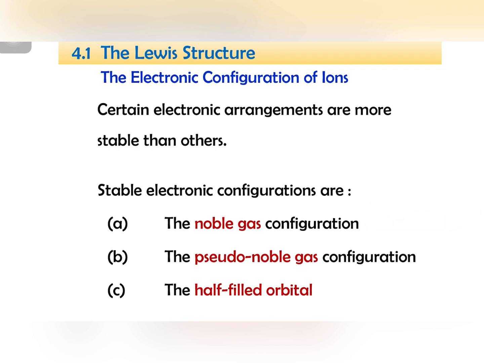Okay, dia mesti exactly the same dengan noble gas. So kalau pseudo noble gas pula, dia seakan-akan noble gas, nampak macam sama, tapi dia kalau kamu tengok dekat group 18, okay, all the elements in group 18 tak ada pun yang sama lah. Okay, they just fully filled saja. So another stable electronic configuration is half filled orbital.